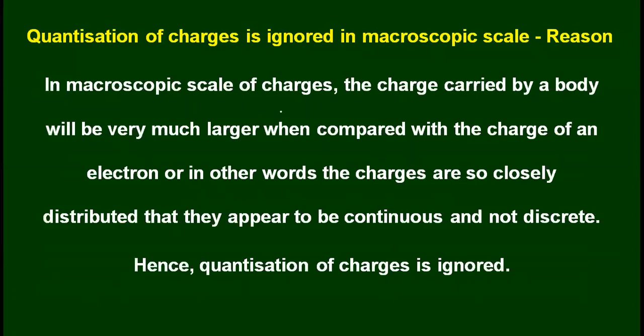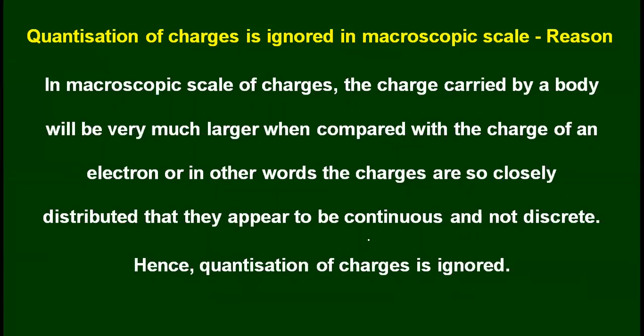In macroscopic scale of charges, the charge carried by a body will be very much larger when compared with the charge of an electron, or in other words, the charges are so closely distributed that they appear to be continuous and not discrete. Hence, whenever the charges have continuous distribution, the number of electrons lost or gained will be incredibly large.